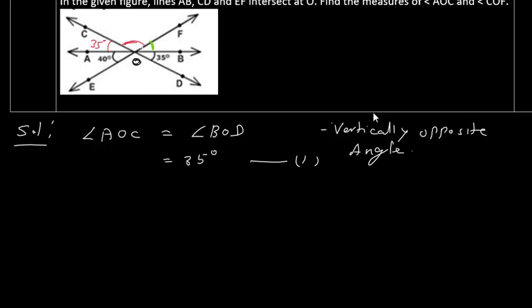Actually it is not asked, but to find angle COF I have to find angle BOF. So I will say that angle BOF is equal to angle AOE. Again the reason is vertically opposite angles, so this angle is 40 degree. So this is our second equation.